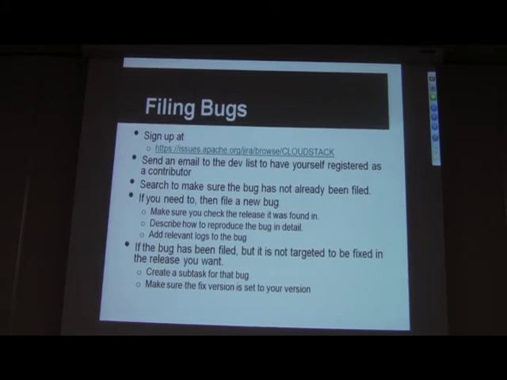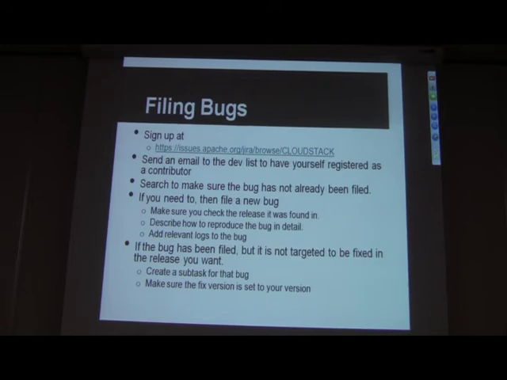Make sure you do a search and see if the bug has not been filed before. If you need to, then file a new bug. When you file a new bug, make sure that you check the release that it was filed in and describe in detail how to reproduce the bug. And if you have any logs, make sure you add logs to the bug, because a lot of CloudStack problems are debugged through logs.